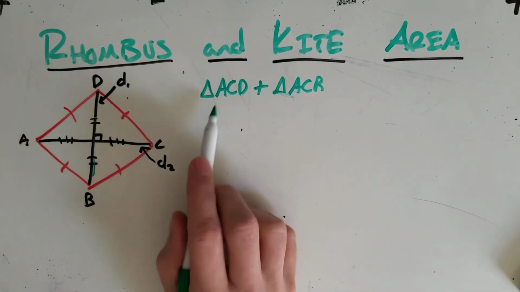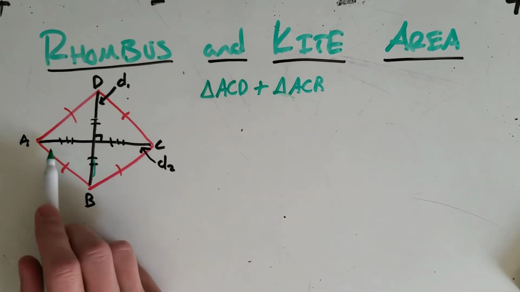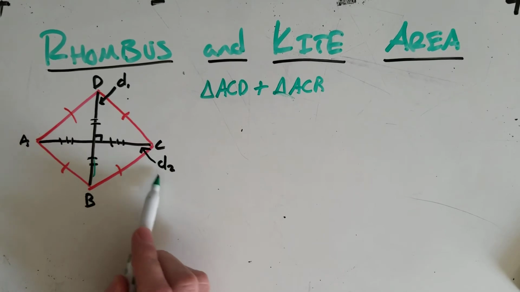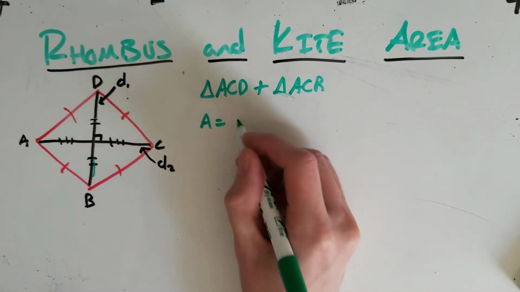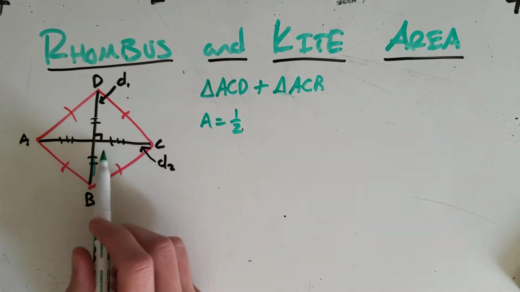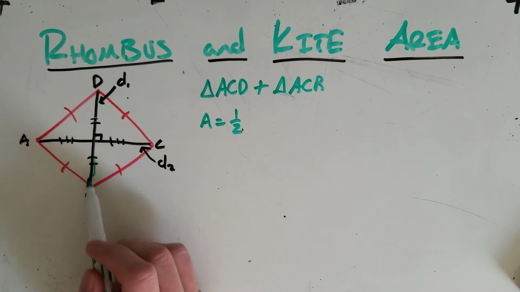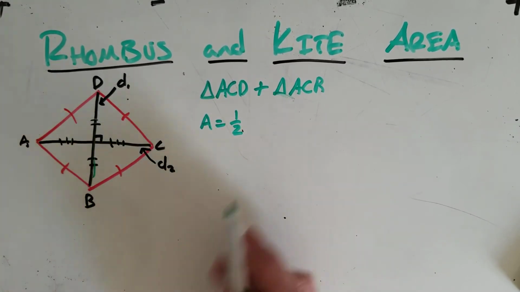If we look at the area of ACD, well, we would use 1/2 base times height, and let's say we make AC the base, that would be diagonal 2. So the area of this is going to be 1/2 diagonal 2 times half of diagonal 1, because this segment up here is congruent to this segment. They both are half of diagonal 1.